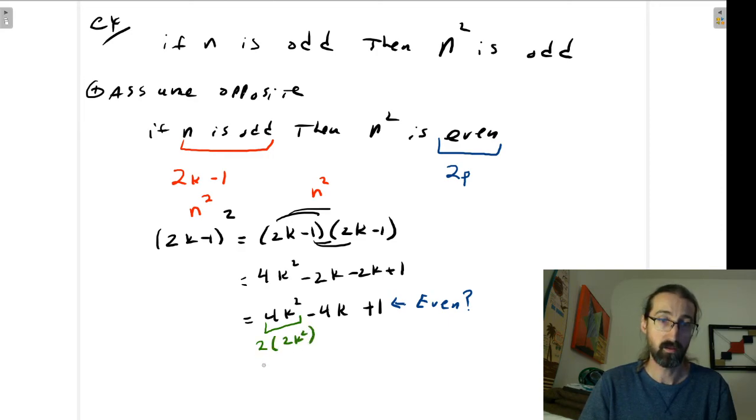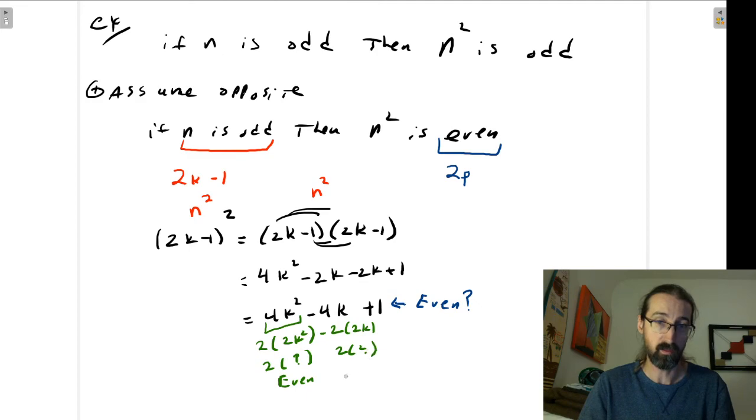And I know that 2 times anything is even. I know that's true. And this is 2 times 2k, right? Just simplified it a little bit. And again, 2 times anything is even. So I have an even number minus an even number.